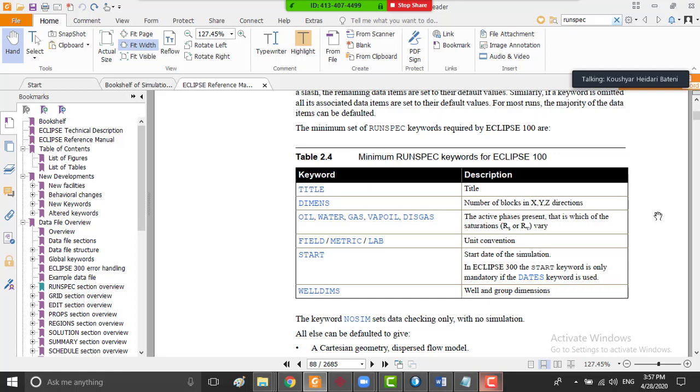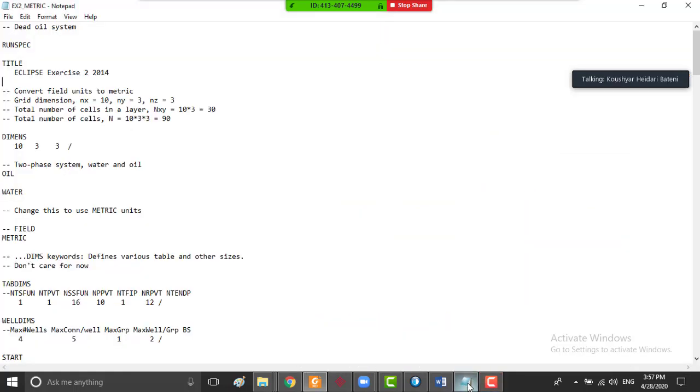Okay? Now, for each and every one of the keywords that you find in the data file that you have, you can refer to the reference manual. You can get information on it, and you have to do that on your own, because if I want to do it keyword by keyword here, it is going to take a number of hours, many hours.